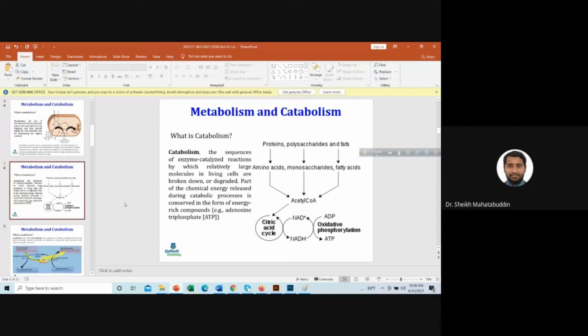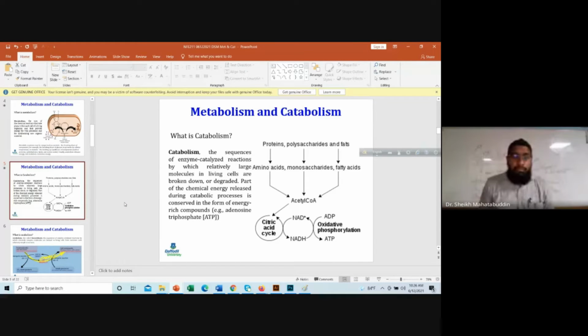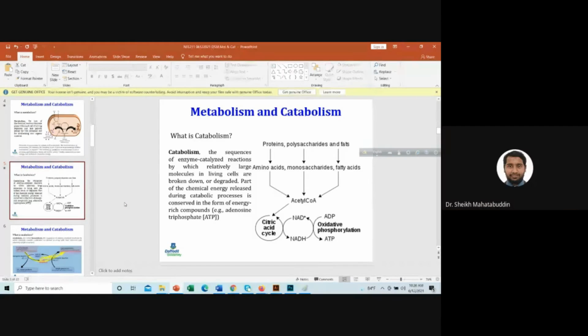Your body should not accept the protein directly. Is it possible to purchase some chicken and put it here? It's impossible. You need to eat it, process it, and after eating, it will be converted to amino acids, and those amino acids are again used to produce the protein which is compatible with your body.